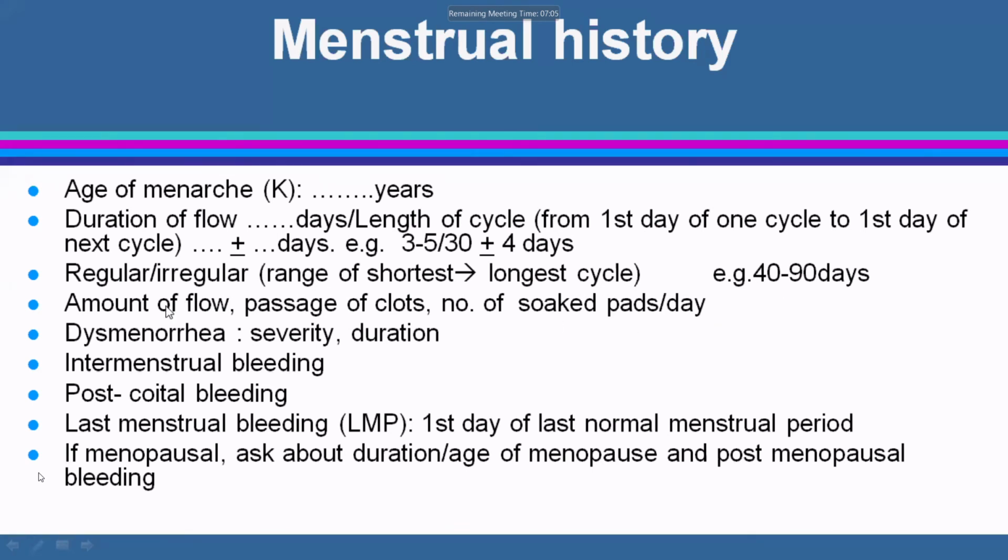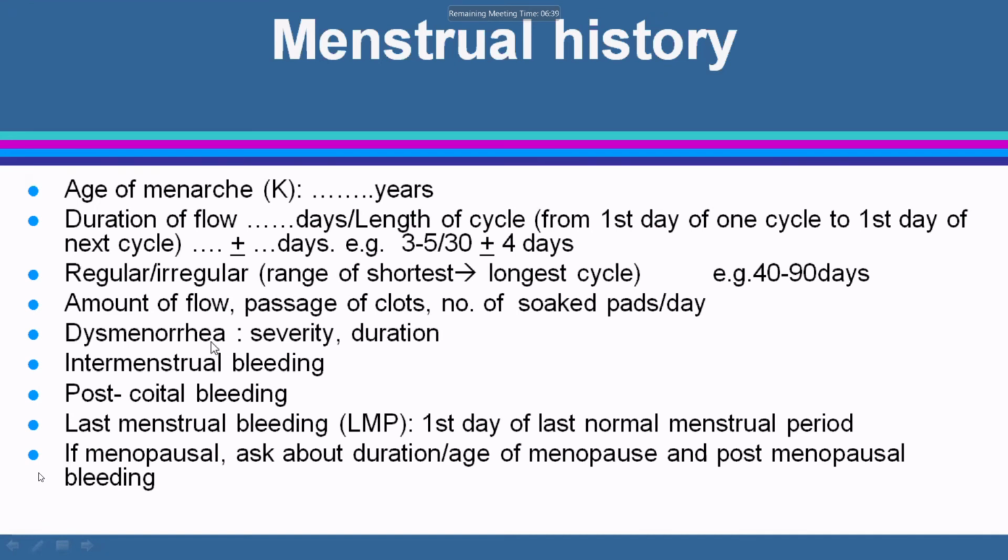Okay, and you should also mention the amount of flow, which can be asked by number of soaked pads per day. Okay, if she is having lots of soaked pads per day, that means she is having heavy periods. Passage of clots also denotes heavy flow. And dysmenorrhea, whether it is present or not, if it is present, what is the severity and duration of dysmenorrhea?